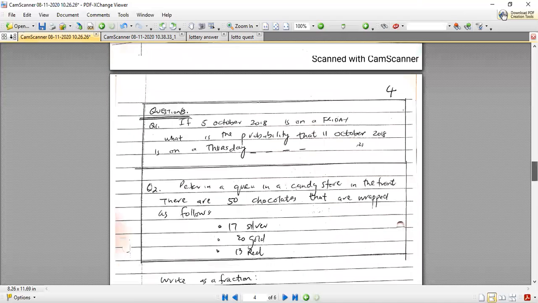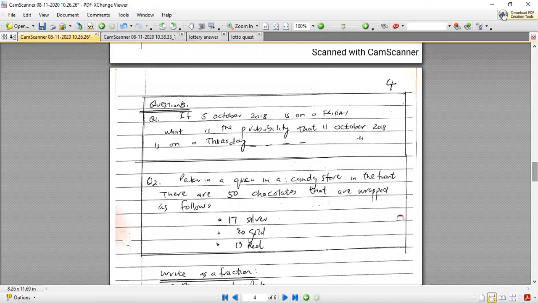Okay, let's look at page 4, which is now certain questions on probability. The question states, if 5th October 2018 is on a Friday, what is the probability that 11th October 2018 is on a Thursday? What would you say your answer to that will be? Give you a few seconds to think about that.